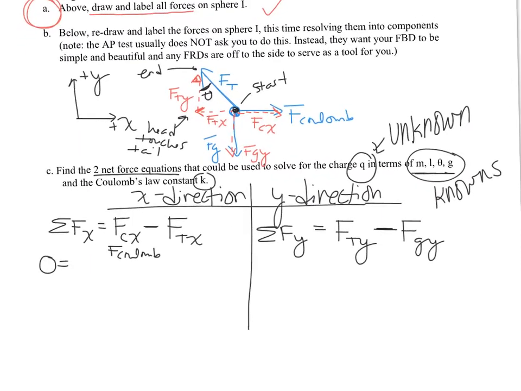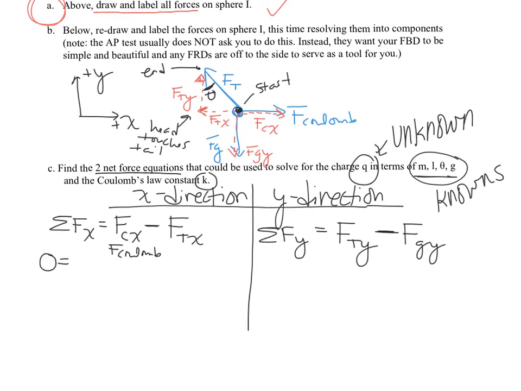K is my constant. My first charge has a charge of Q and my second charge has a charge of Q, over R squared, minus F_TX. This is the X component that I drew in my force resolution diagram, and since that's opposite of theta, that's going to be Ft sine theta.